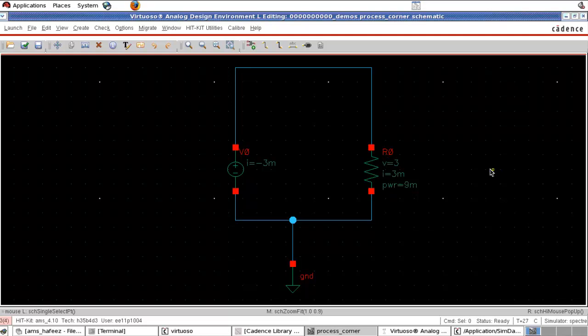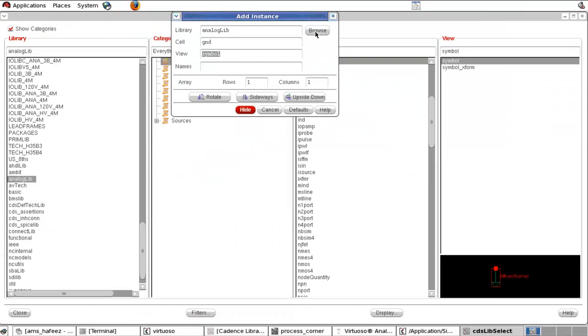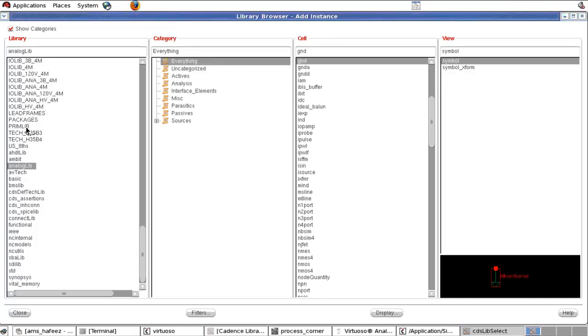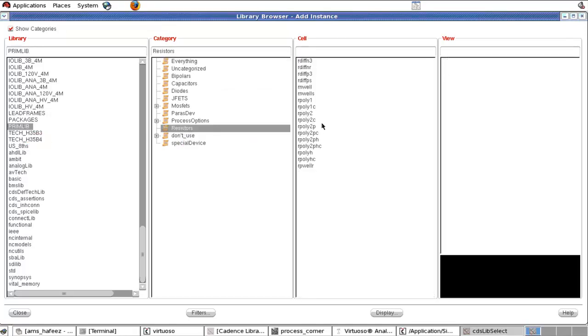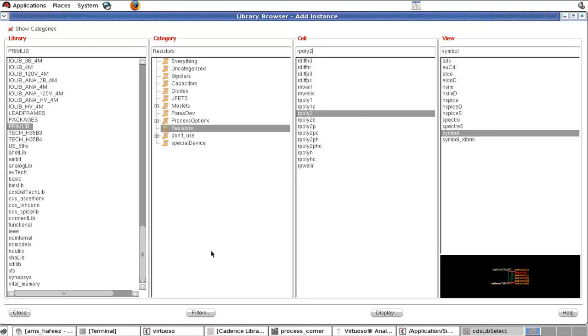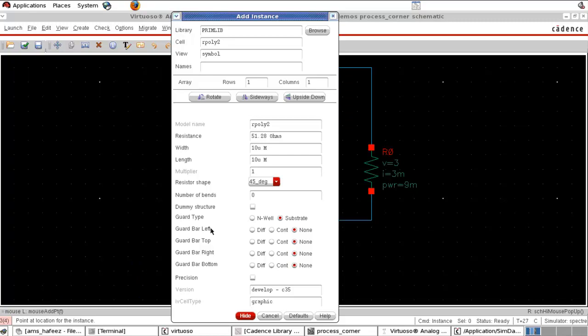Now I am inserting a real resistor, a poly resistor. I am inserting a resistor made of poly. I want exactly 1 kilo ohm, so that it matches with the ideal resistor.